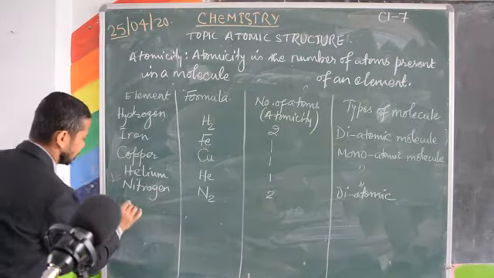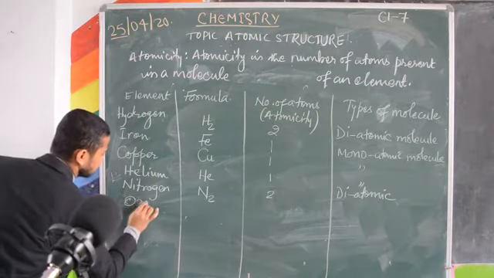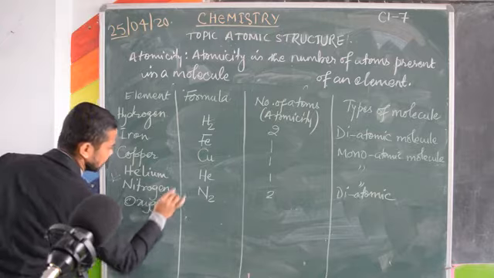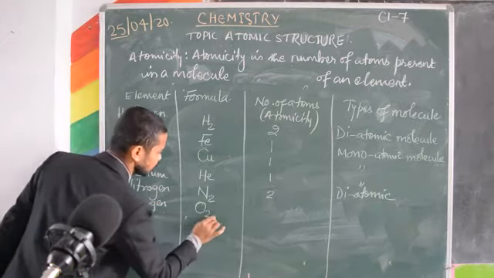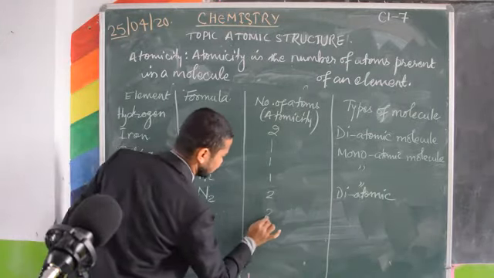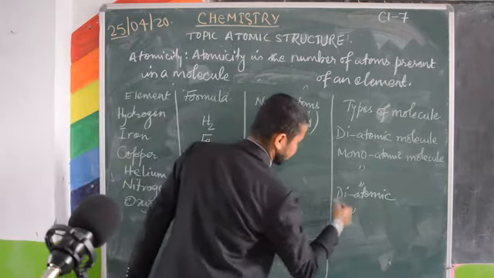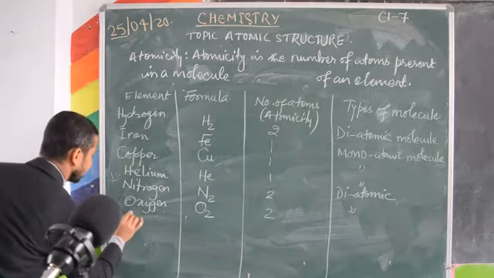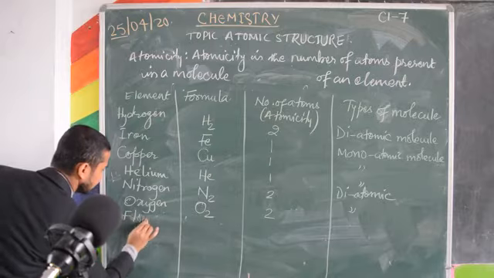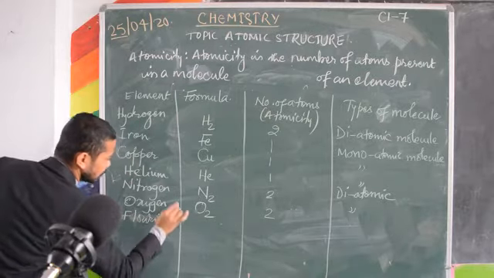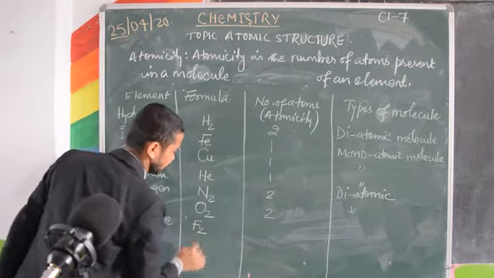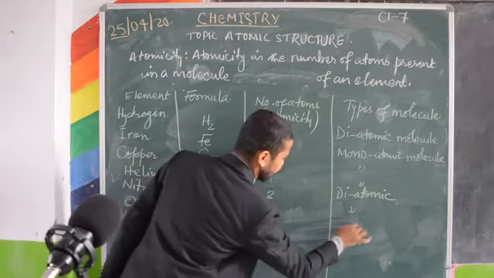Then oxygen, O2. So this is 2. This is also diatomic. Then fluorine, F2. This is also diatomic.